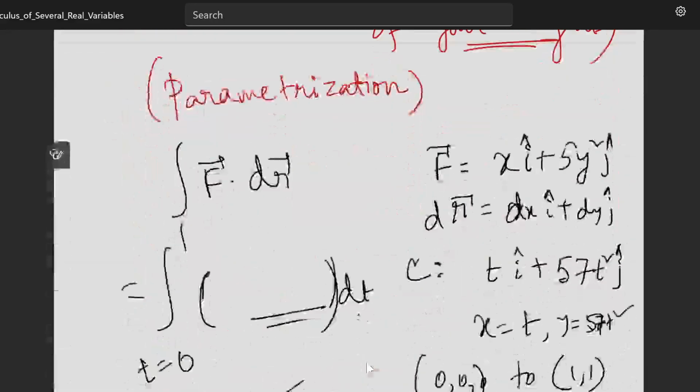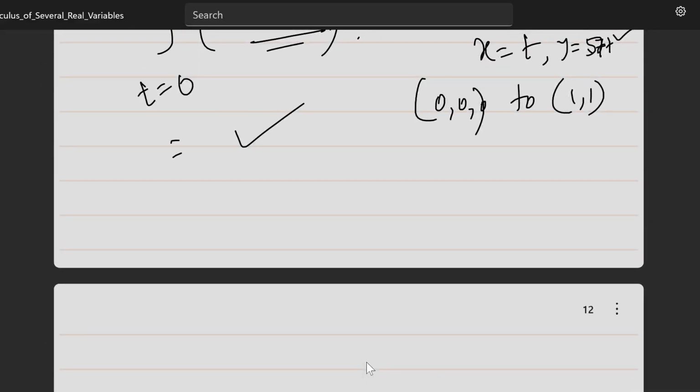And to find the limit, you have to draw the graph. If you don't know the graph, it is not good, because only from the graph can you visualize the limit of the integral. Suppose in the xy plane there is a plane x plus y plus z equal to 10.